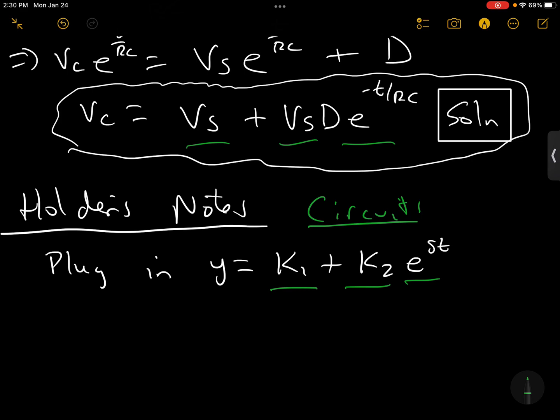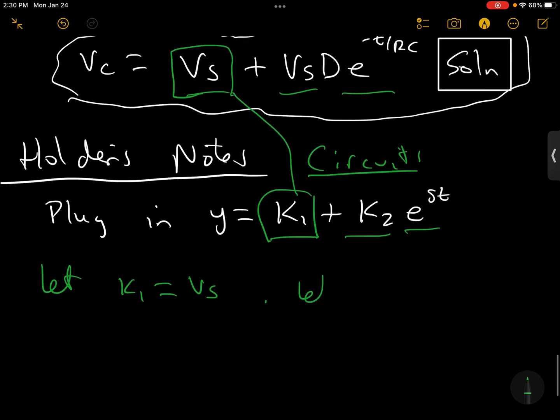Then it says let K1 equal VS. Well, that makes sense. It's exactly what it should be. And it says let S equal minus 1 over RC.